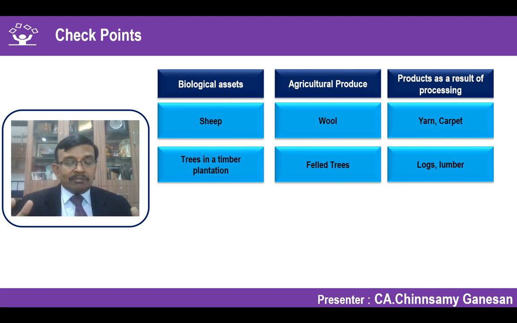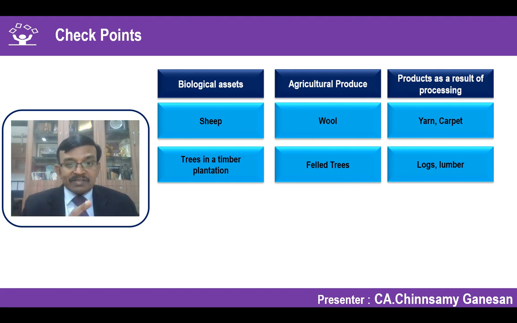It's the logs or lumber or whatever sliced item you are having from the felled trees. In this case, the trees are felled for the purposes of getting logs and lumber. To that extent, it is considered as a living plant which is a consumable biological asset, and will be under this particular standard.